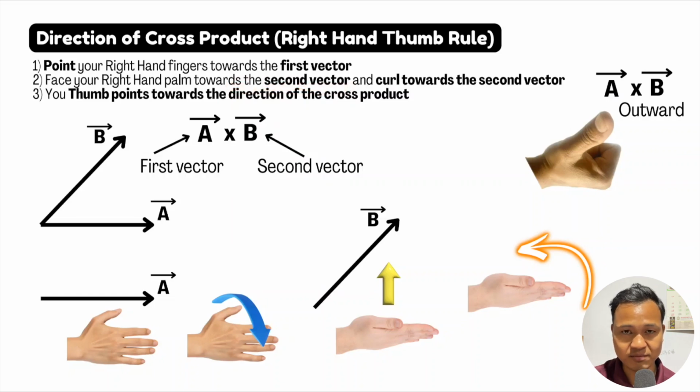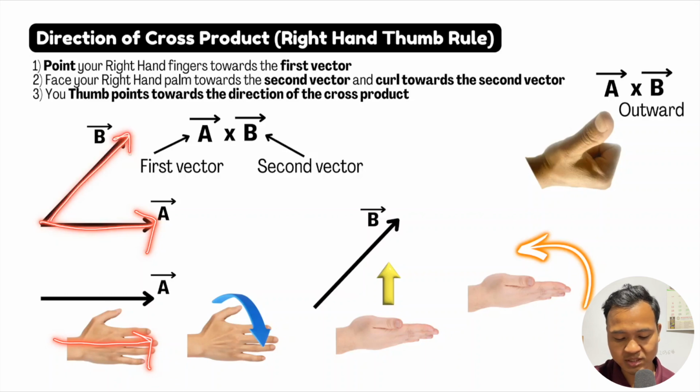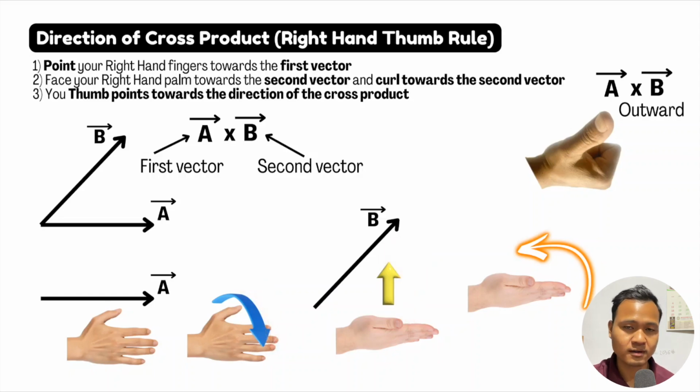So your palm faces b. You have followed a like this, and now you turn your hand towards b. That is how you find a cross b.